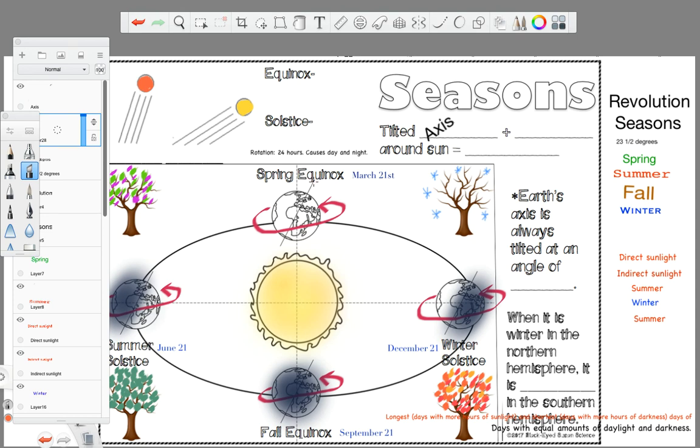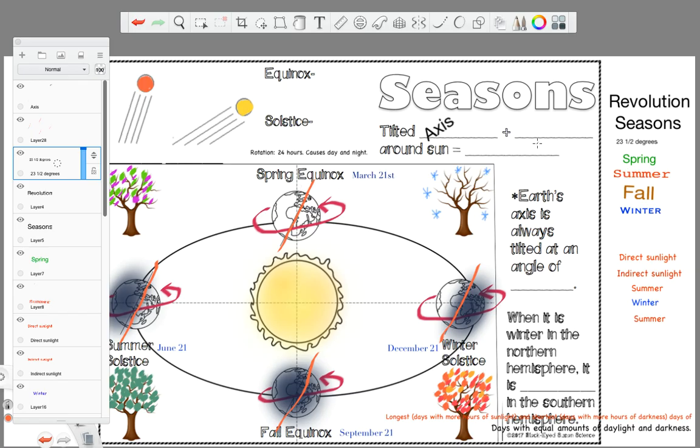So pick any color that stands out to you and color this line that color. And the reason you're doing this is because as we talk about this tilt, you will notice that it never ever changes, no matter where Earth is around the sun. So make sure you have all four of those lines drawn.